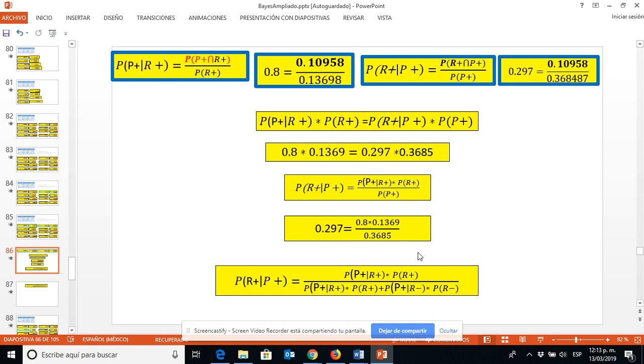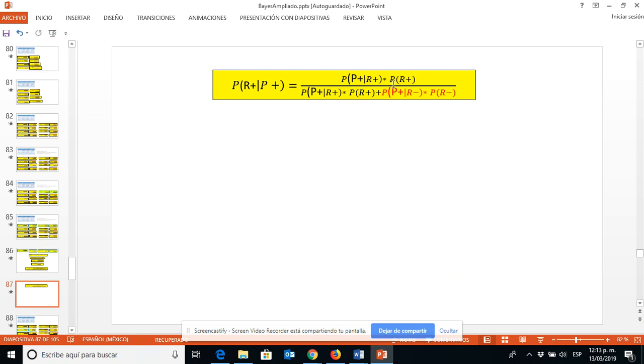Now let's continue with the following formula. This formula is another way to express the Bayes theorem. Now, these components in black are familiar to us. We have just worked with them, but the components in red are not so evident. So we have to look for them in our analysis. We are looking for the probability of P plus given R minus, and the probability of R minus.